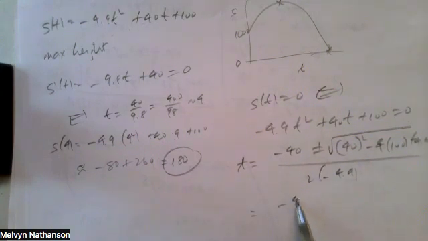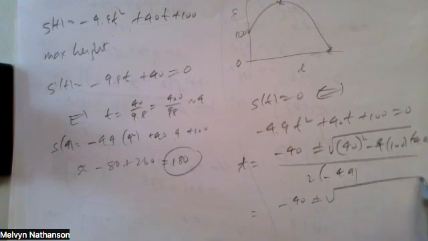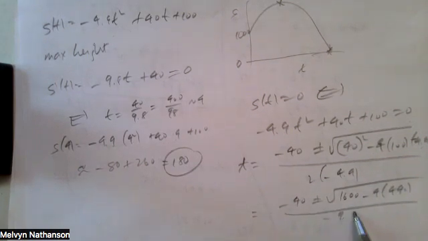So this is minus 40 plus or minus the square root of 40 squared, which is 1600. Minus times minus is plus. 4.9 times 100 is 490. So this is minus 4 times 490, over minus 9.8.